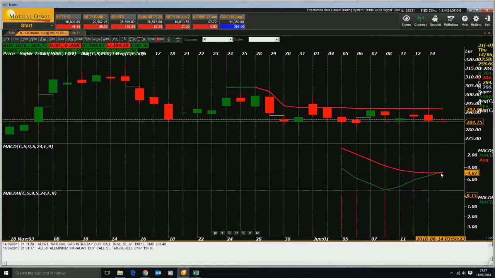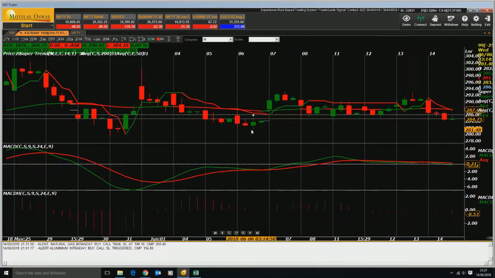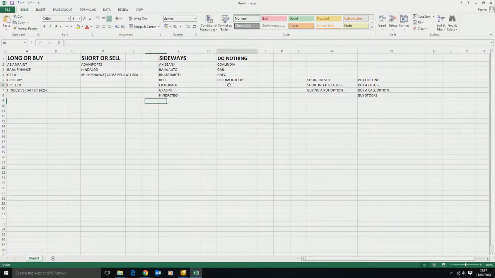So it's a bit conflicting information, but let's see on 120 minutes. In 120 minutes, it's giving me a sell signal, but as I could see, the ICICI Bank is more or less very much sideways as per movement. So I do nothing with ICICI Bank.